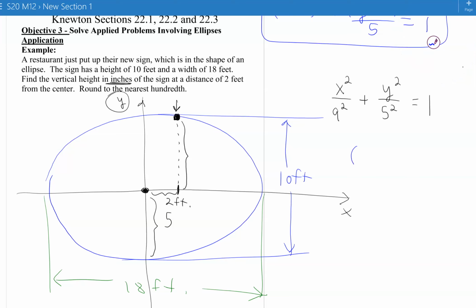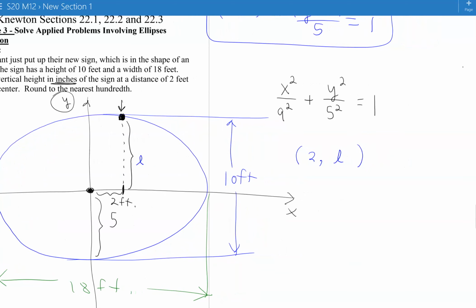So we know that point has coordinates 2, comma, something. Let's call it H. Well, we've used H for something else. Let's call it L. So this height is L, 2 comma L, to get to that point on the edge of the sign.